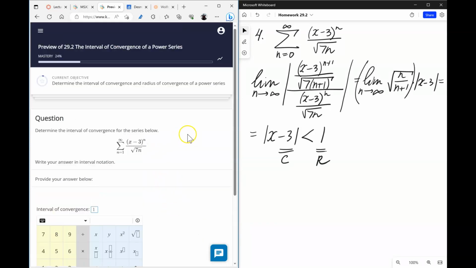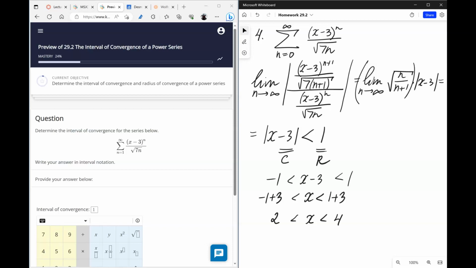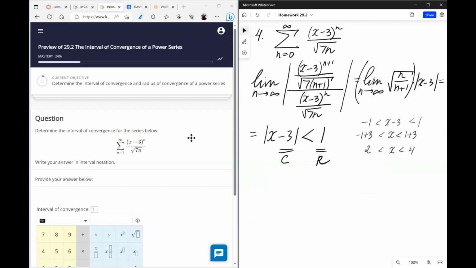We actually have to find the interval of convergence here. So continue solving. Now we have to decide whether to include the endpoints.